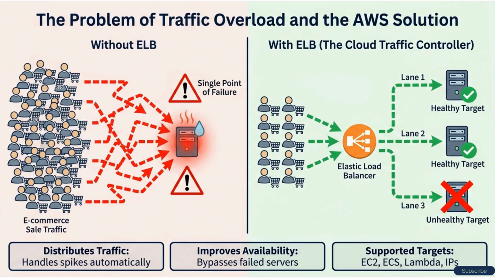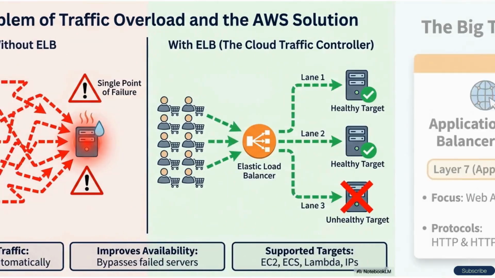Now imagine introducing an AWS load balancer. Instead of all traffic hitting one server, the load balancer intelligently distributes requests across multiple healthy servers. If one server fails, traffic is automatically redirected to healthy servers. This improves availability, scalability, reliability, fault tolerance. This is the core purpose of load balancing.